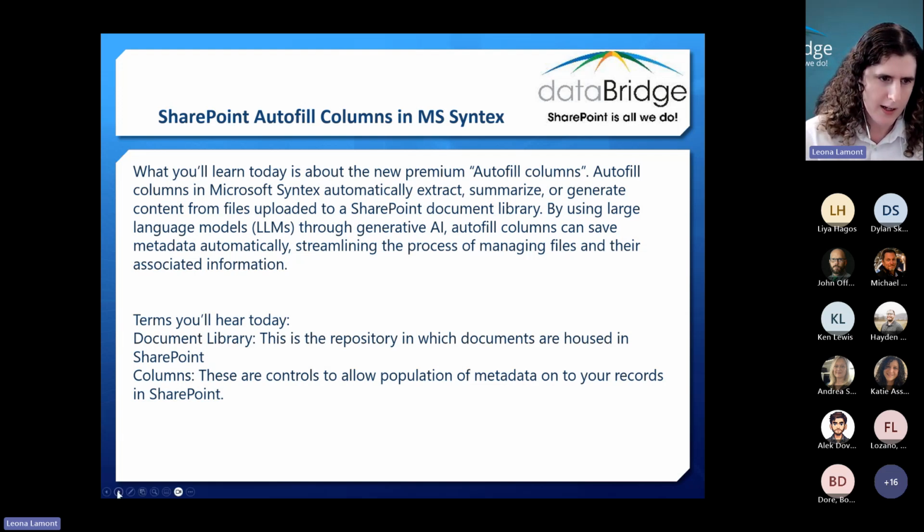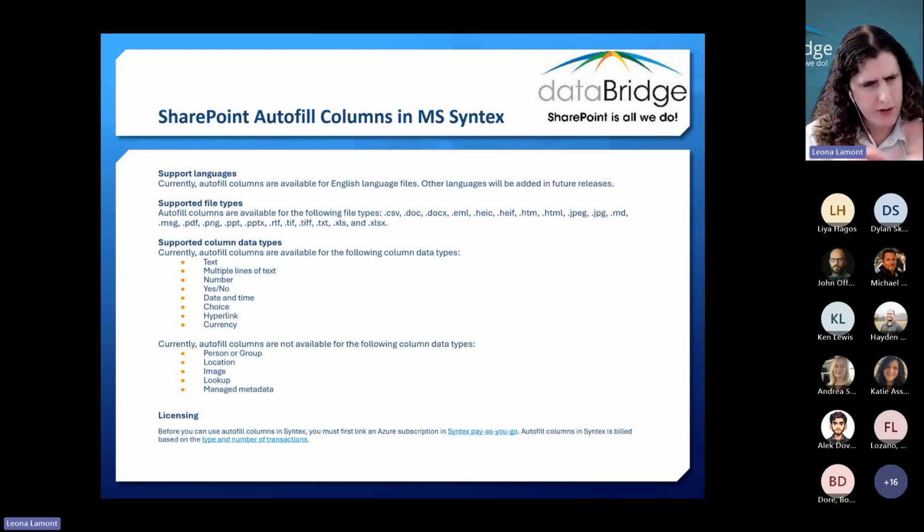On this next slide, this is just some very basic information for you guys to be aware of. As of right now, this is only available for English languages. There is also a number of specific file types that it does work on: CSV, pretty much any of the Office document types, image files like JPEGs, PDFs, PNGs, things as such.